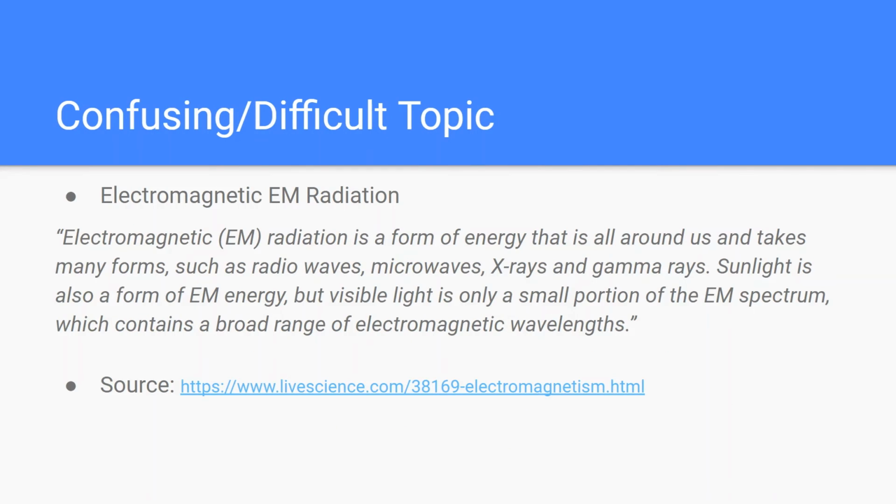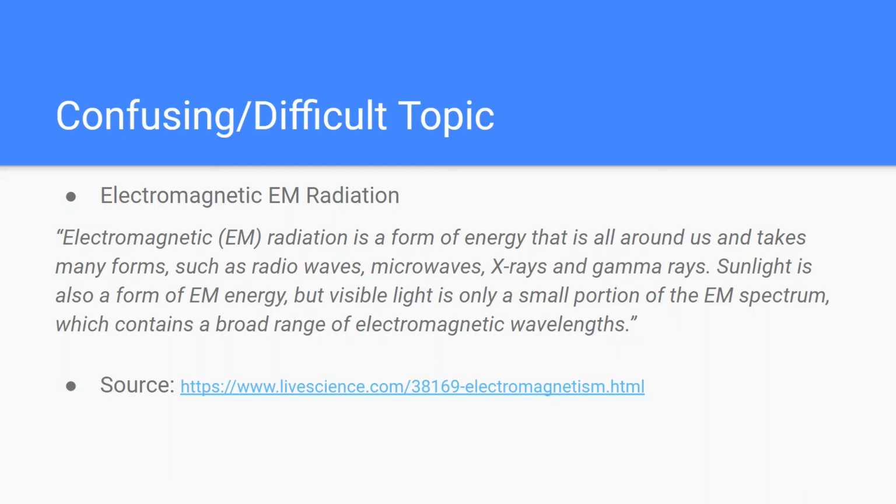A confusing topic for me this week was the idea of electromagnetic radiation. I had never heard of EM radiation before, and this concept was kind of new to me. So I searched it up on Google and found a description that explained it in an easier way.